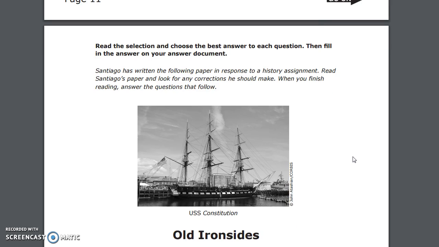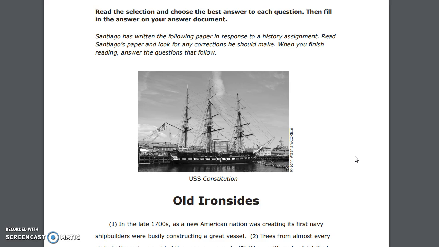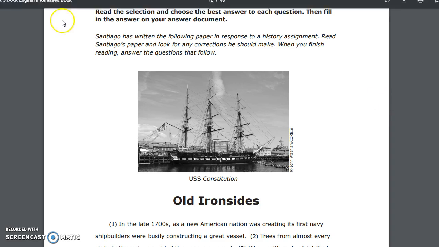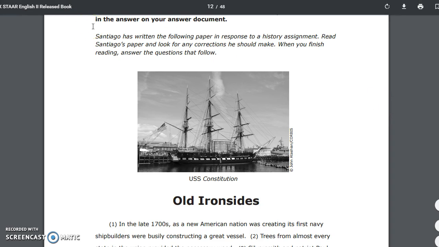And the last thing we want to look at is editing. Okay, remember, editing is not going to be changing sentences and adding details. It's actually going to be looking for errors in things like spelling, punctuation, grammar usage, capitalization, all of those kinds of things. So look at the difference. Santiago has written the following paper in response to a history assignment.